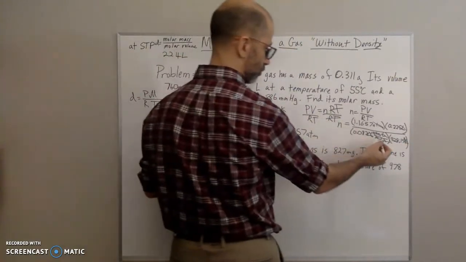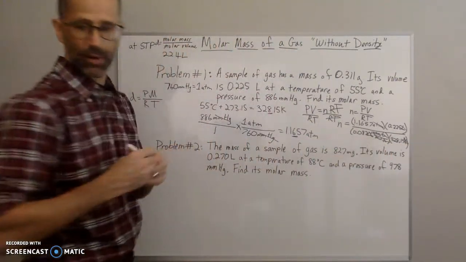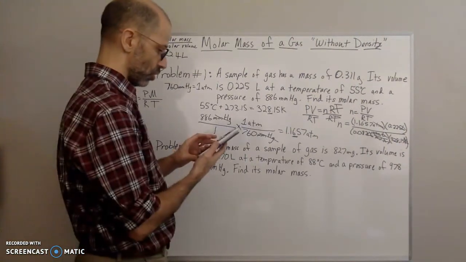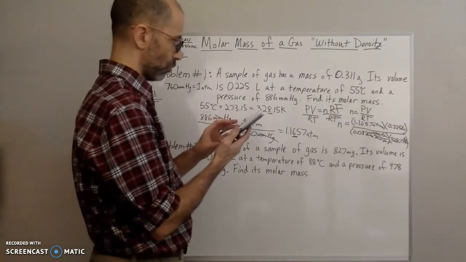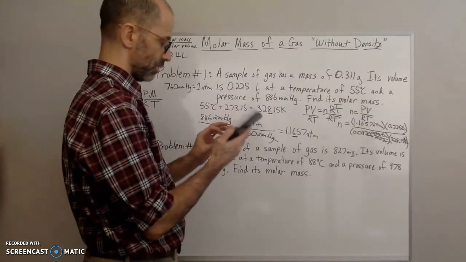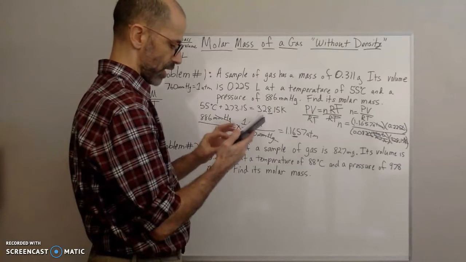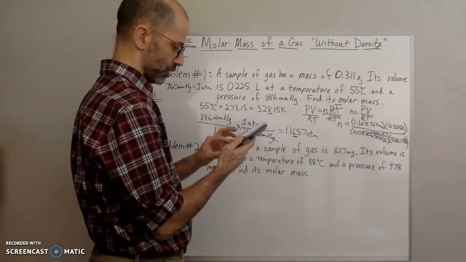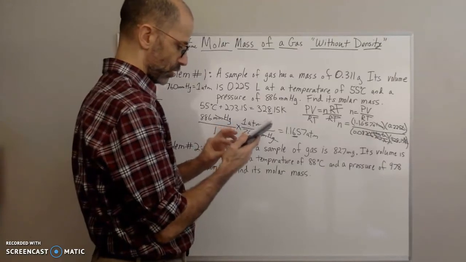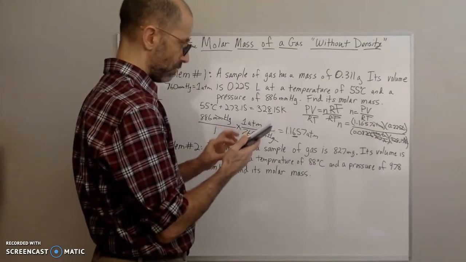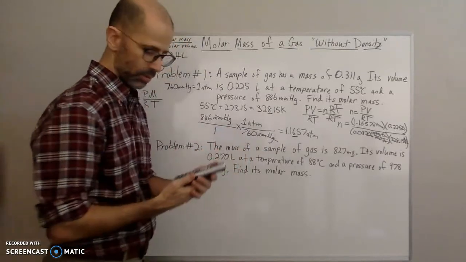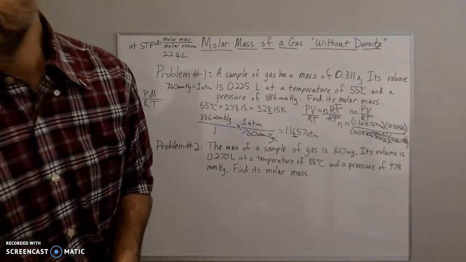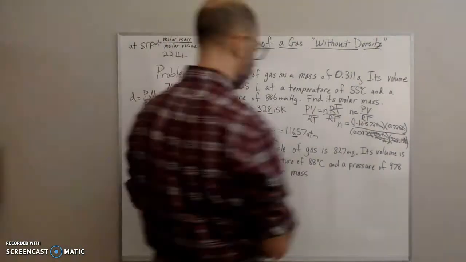So now I'm left with moles. So if I do the calculation, that will give me the number of moles. So I'm going to multiply 1.1657 times 0.225 divided by 0.08206 divided by 328.15 equals, and I get 0.00974.